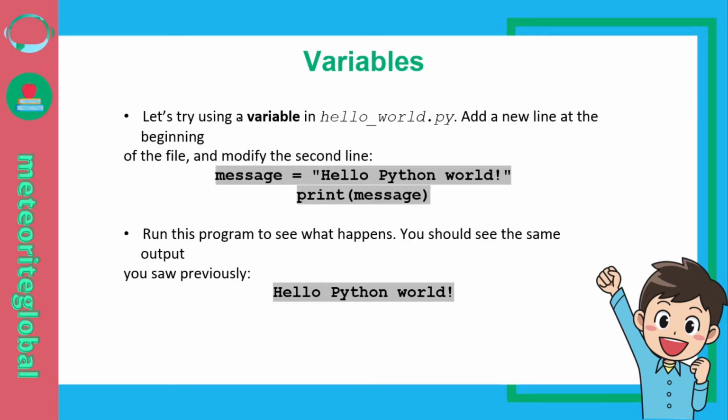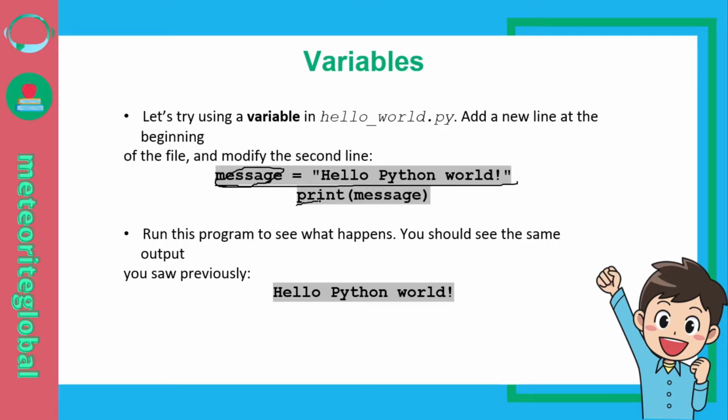This part of the chapter is based on variables. So we'll learn about the basics of variables. Now that you have made the file hello world.py, add a line and write this message: hello Python world. What this does is whatever is in the quotation marks here is stored as your value in this variable, the message variable.